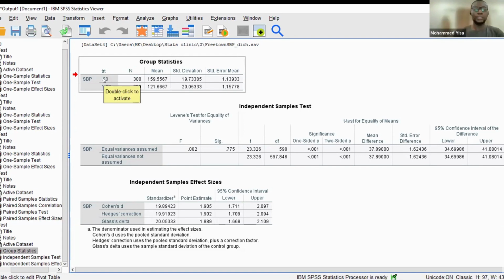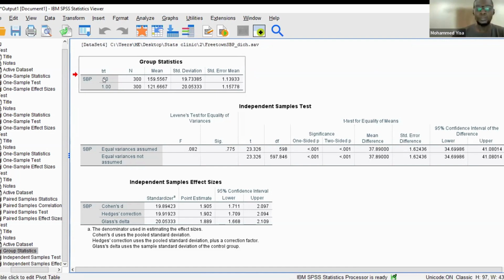And don't forget, what we're looking at here is blood pressure, so we're trying to see if this treatment works. That is why we are subtracting the average BP of those that were treated from the average BP of those that were not treated.